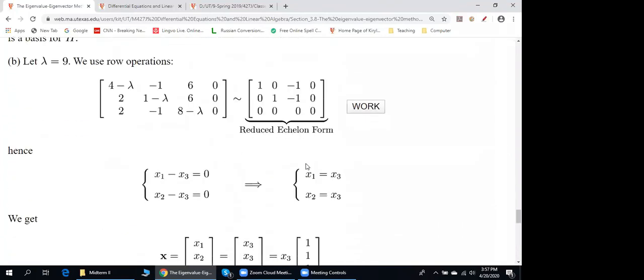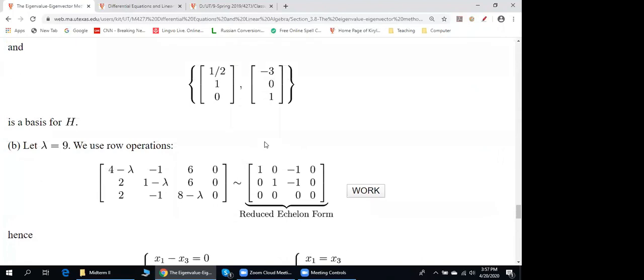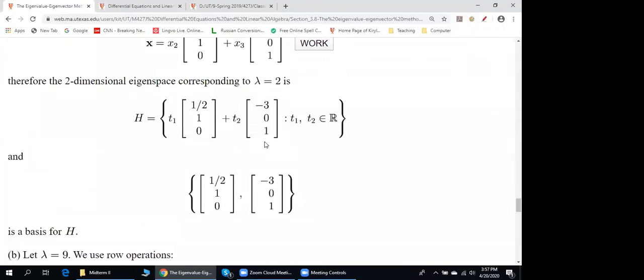Very good question. Please take a look at this formula. The formula is e to lambda t times v. So going back to our example, in order to come up with 3 linearly independent solutions, we do the following.